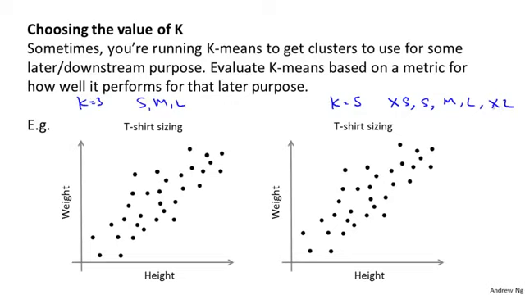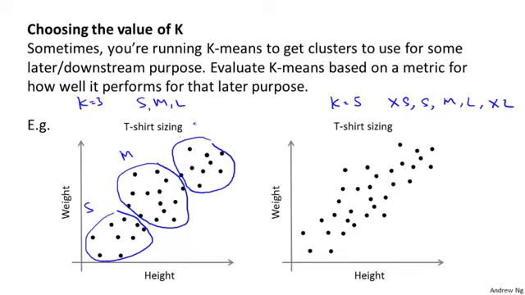We could also have 4 t-shirt sizes, but I'm just showing 3 and 5, just to simplify this slide for now. So if I run k-means with k equals 3, maybe I end up with that's my small, and that's my medium, and that's my large.